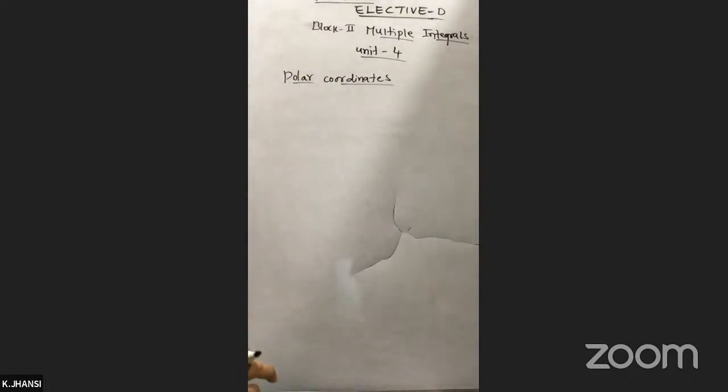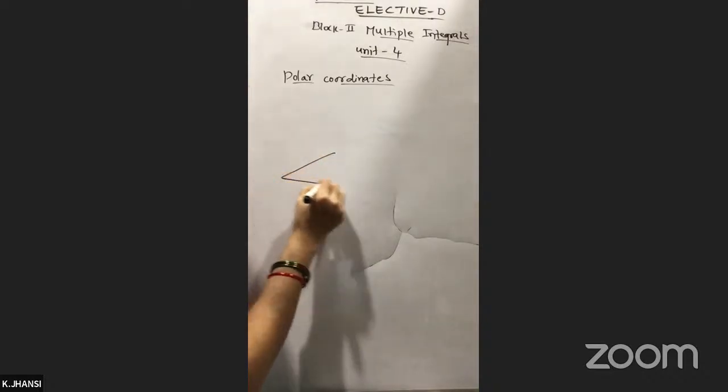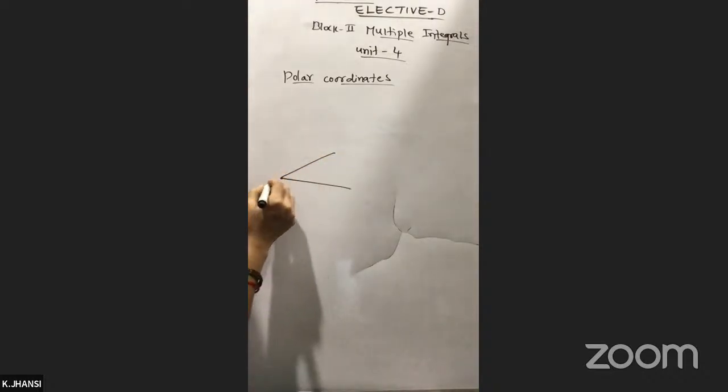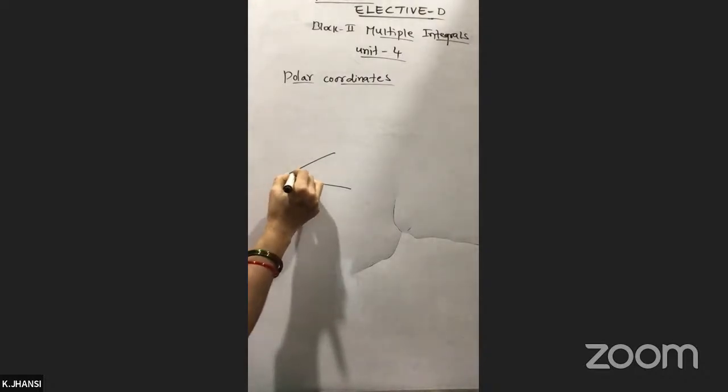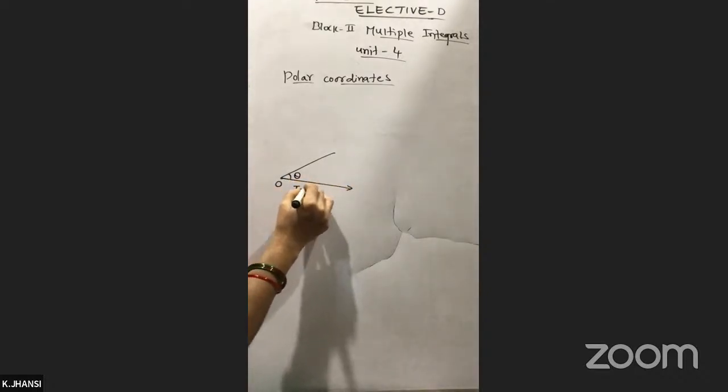Okay. So the polar coordinates means here, we have seen the co-initial vectors. Same like that only here. So it has only the point O as an origin. Here it makes the angle theta. This we know is called the initial ray.